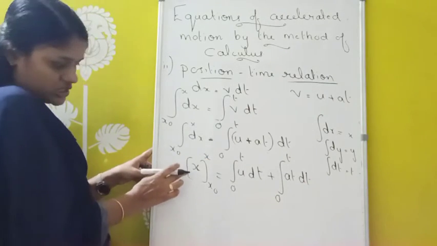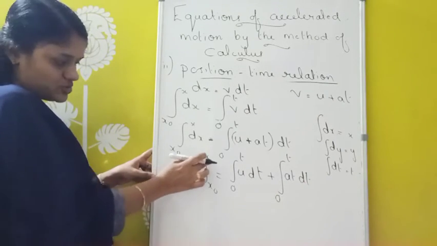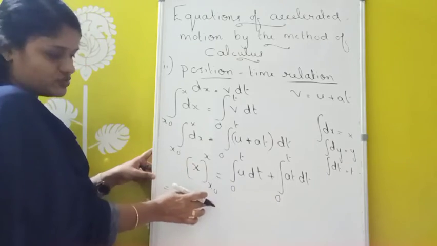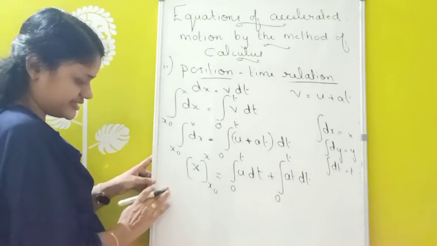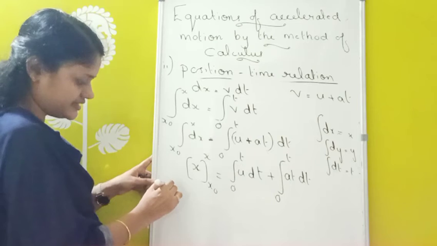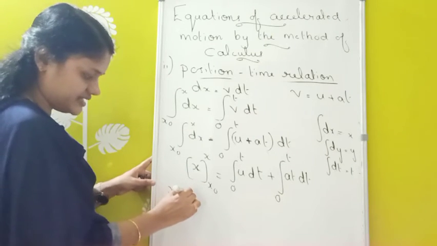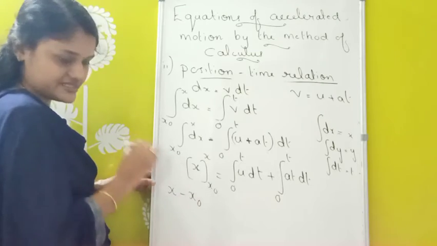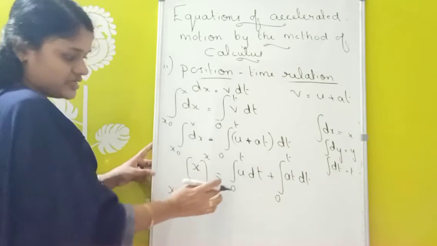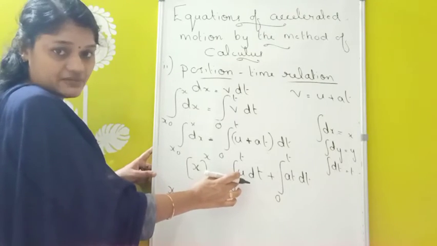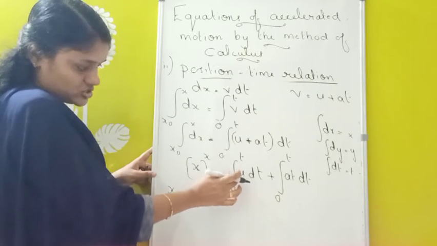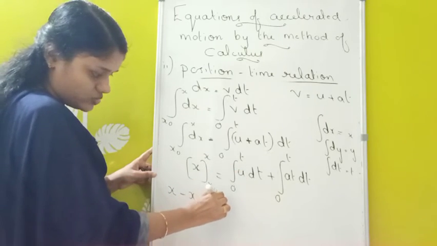That is equivalent to putting the upper limit minus the lower limit. The upper limit here is x, so we write x, minus the lower limit x0. So x minus x0 is equivalent to the following. Here u is the initial velocity, which is a constant, so you can take this u outside the integral.